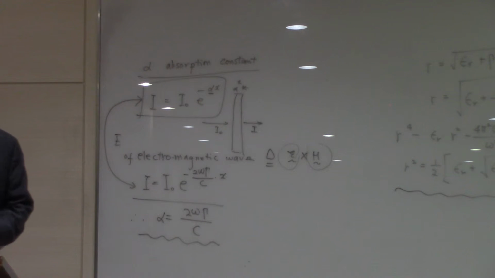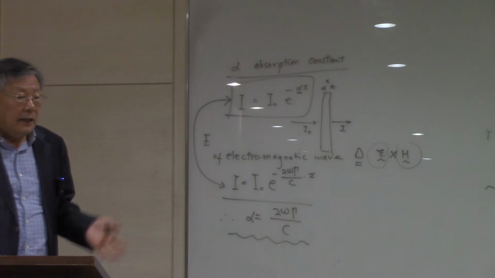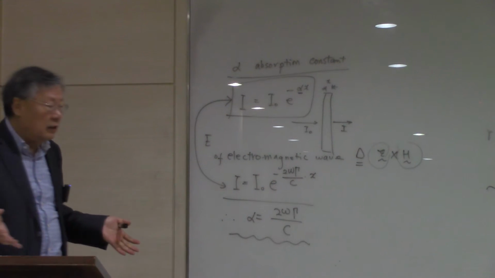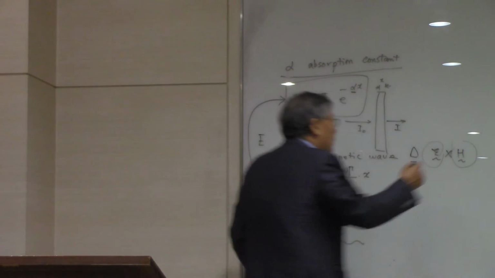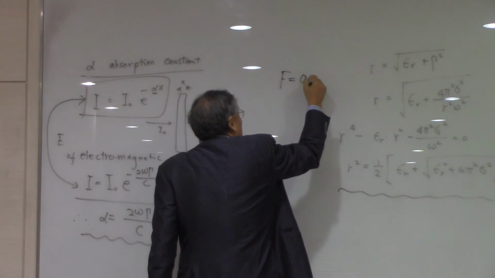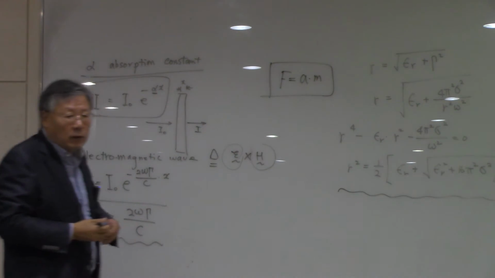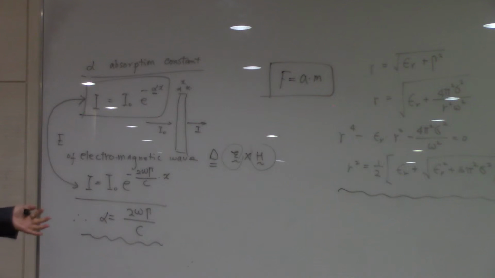So today we just discussed the light wave, and we did not use F equals m a as in the lattice wave case. We cannot use the Newtonian for the light wave because in the light we don't have a mass, right?